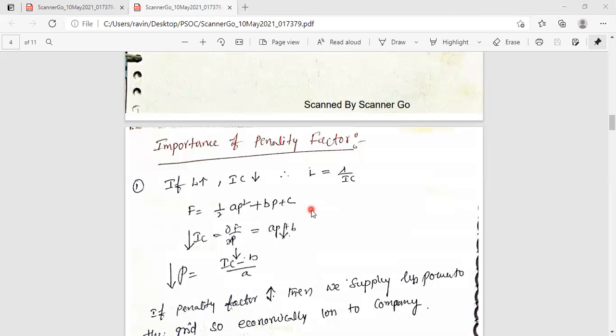So who will pay the bill for this power interruption? Our agreement is to give proper power to the industry without any power cutting. All those things depend on the penalty factor only. Always remember the penalty factor, penalty factor, penalty factor. Very important thing, playing a key vital role for the consumer.